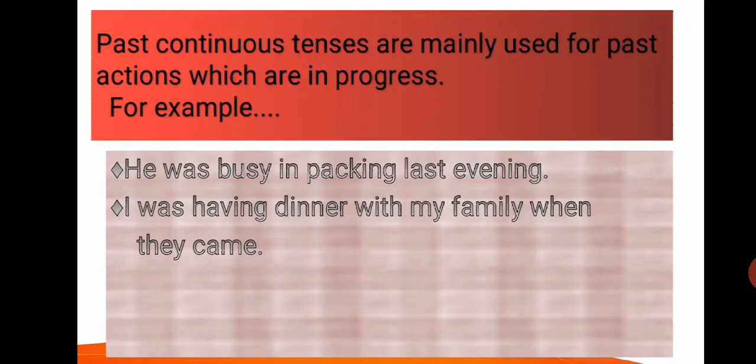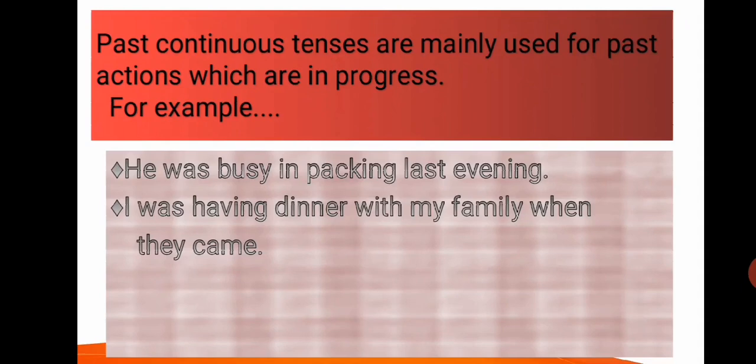See one more example. I was having dinner with my family when they came. Now, because it was happening or taking place at that time, we have used having, that means we have used the ing form here. And when they came, now you can see here two actions are taking place, right?